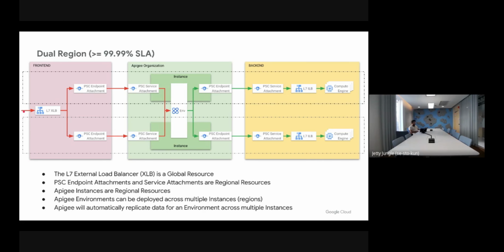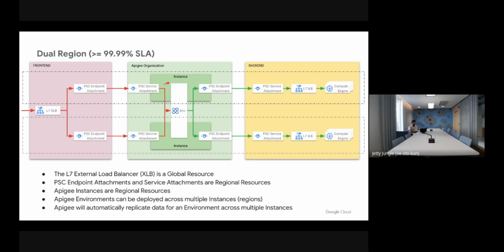The traffic is coming to a layer 7 load balancer, and then there is a Private Service Connect from my project towards Apigee. Since PSC is a regional resource, we need to have multiple resources if we have multiple instances in one org.